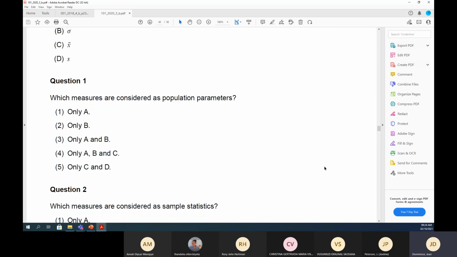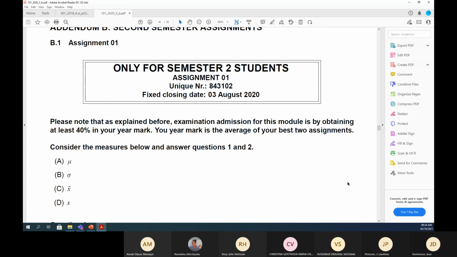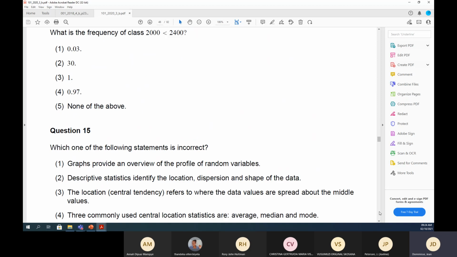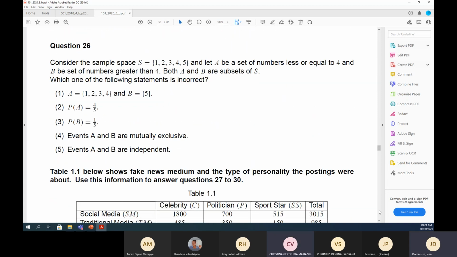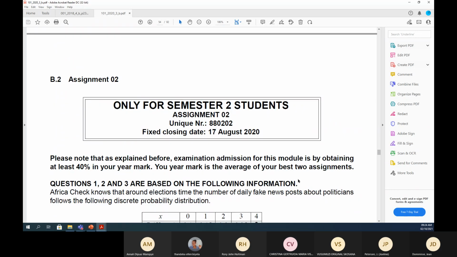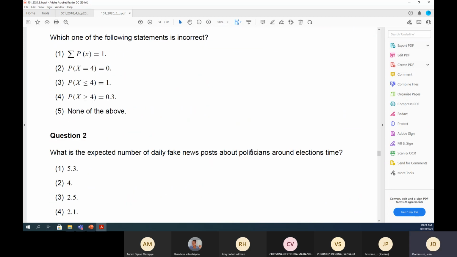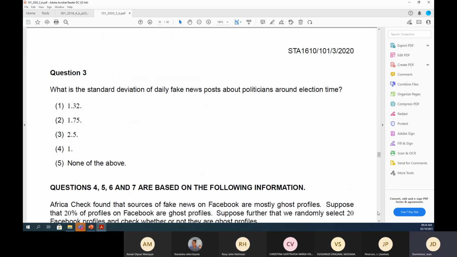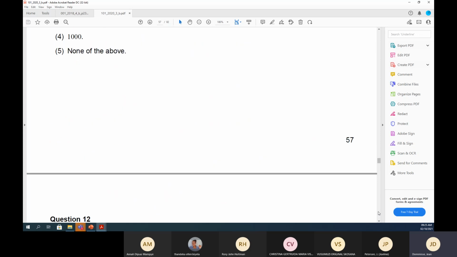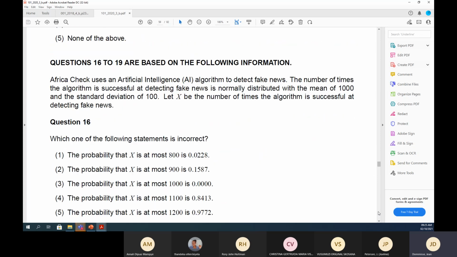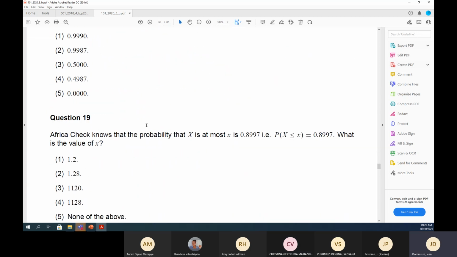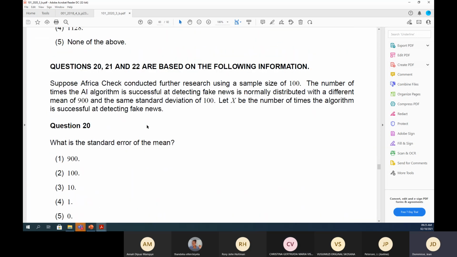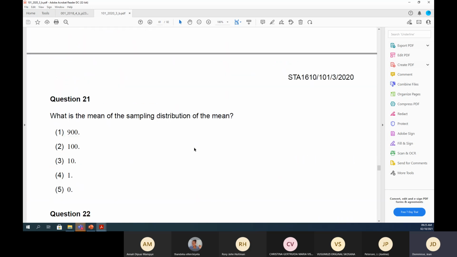Just want to see if I'm already in semester two. So there's also standard error.